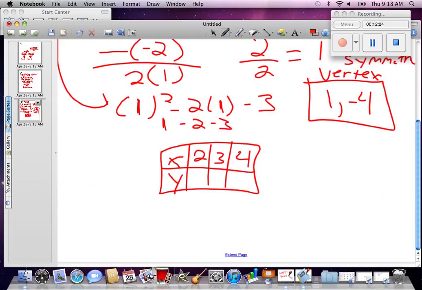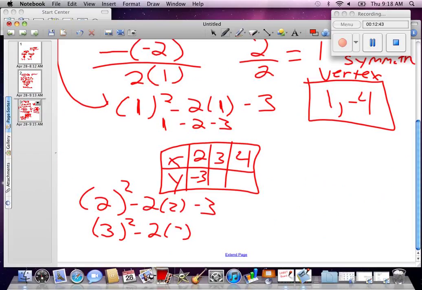Yes. 3 numbers to the right of 1. Then I just plug it into that same equation. 2 squared minus 2 times 2 minus 3. That's my original equation in standard form. Okay. We get 4 minus 4 minus 3, which gives me negative 3. 3 squared minus 2 times 3 minus 3.